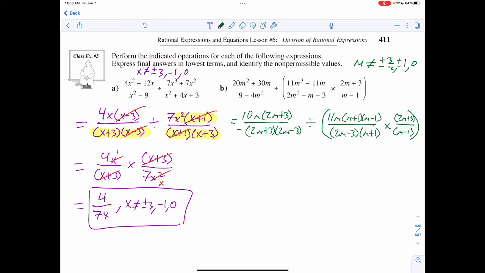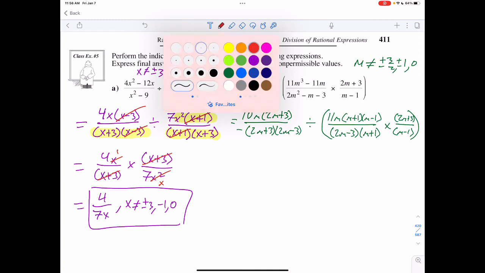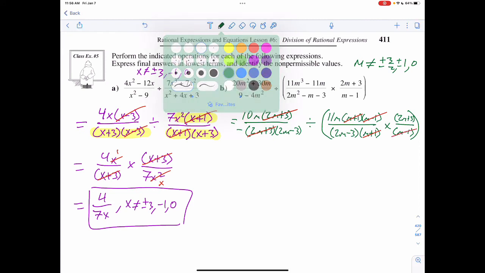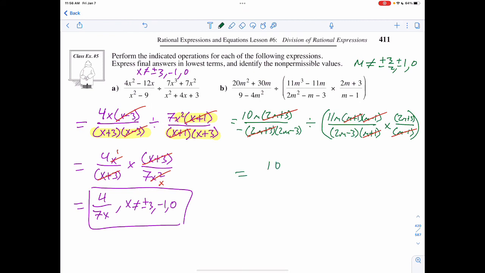Next, I'm going to start canceling out. Take away 2m plus 3 and 2m plus 3. Take away an m plus 1 and m plus 1. Take away an m minus 1 and an m minus 1. And what am I left with? I have 10m over 2m minus 3.